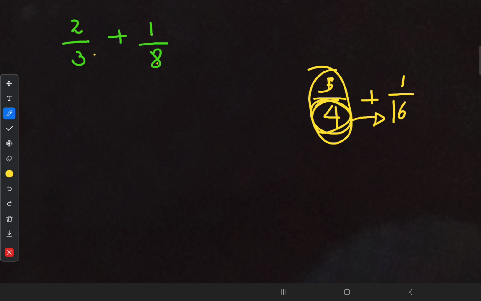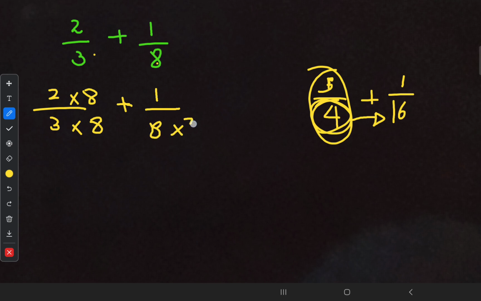For that, the first fraction should be multiplied by the other fraction's denominator, and the second fraction should be multiplied by the first fraction's denominator.